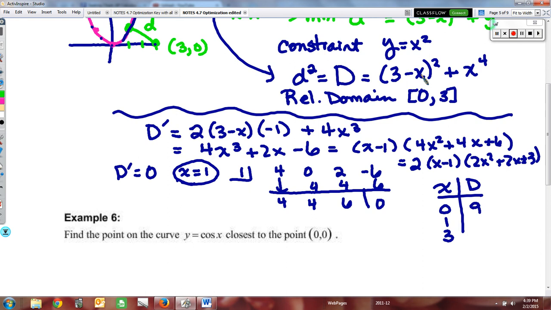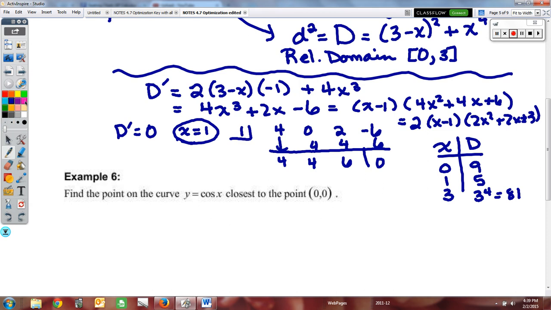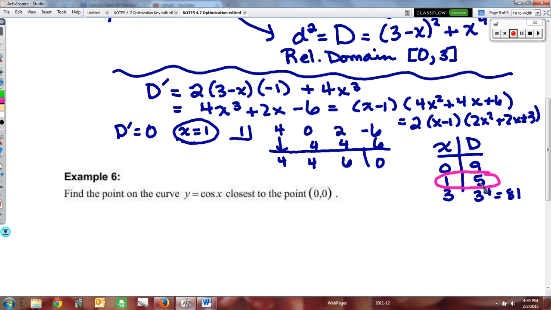If I put in 1, I'm going to get 4 plus 1, or 5. And then if I put in 3, you're going to get 0 plus 3 to the 4th, which is 81. And then what are we trying to do? We're trying to minimize, so don't just jump for the largest one. We're trying to minimize, and that happens here at 5.